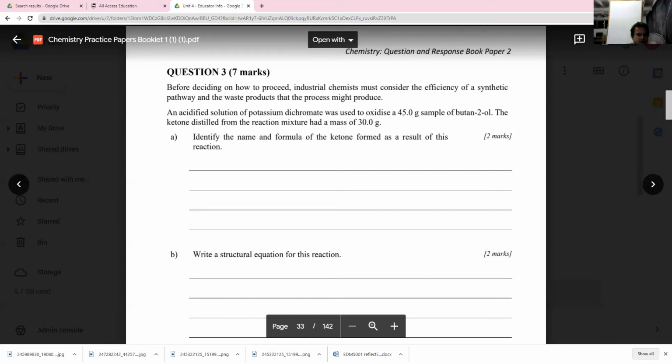All right, Kai, kick us off. So we have a secondary alcohol that we're oxidizing.